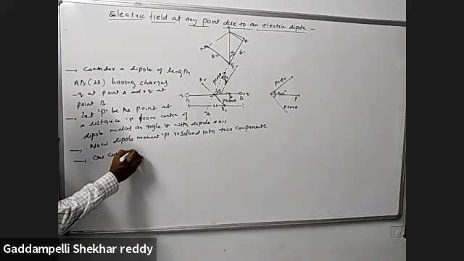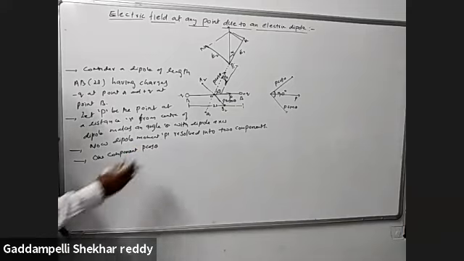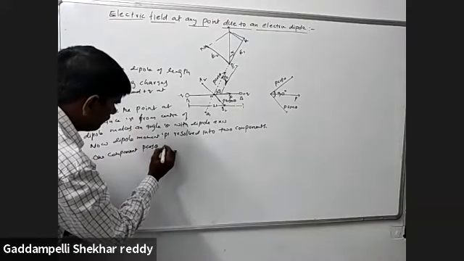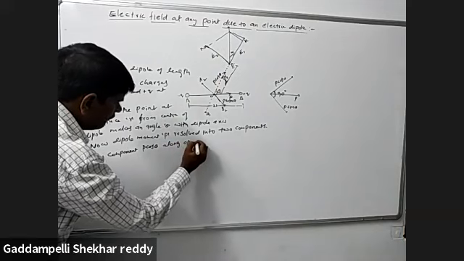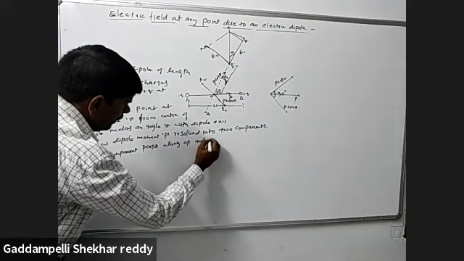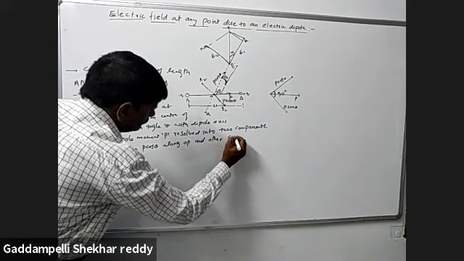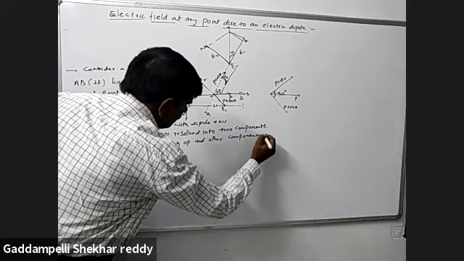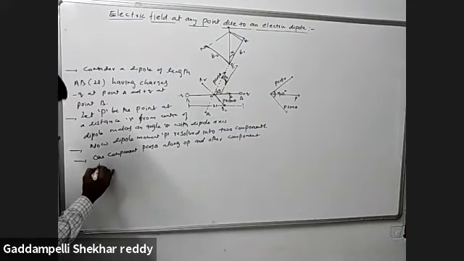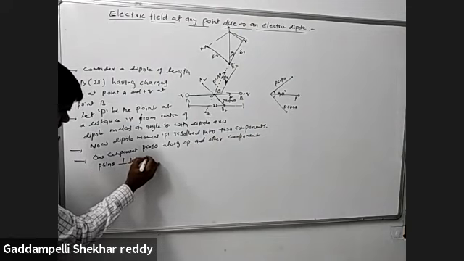One component P cos theta along OP, and the other component P sin theta perpendicular to OP.